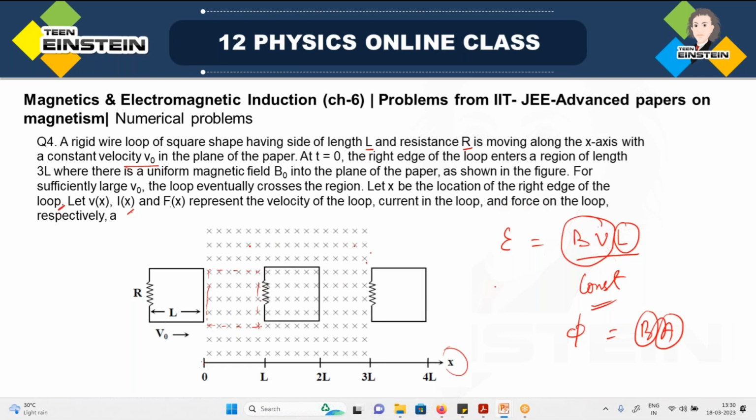When it just enters, there will be induction.